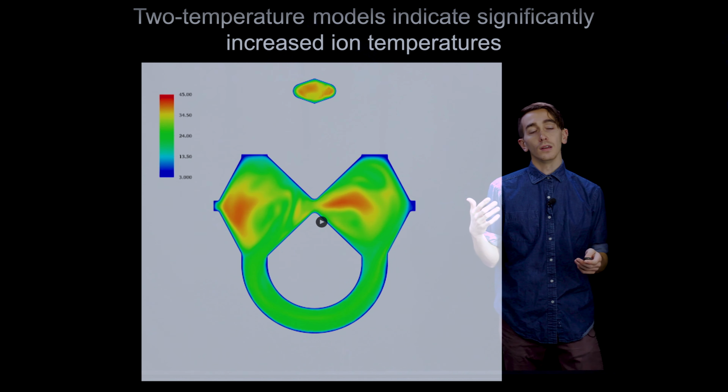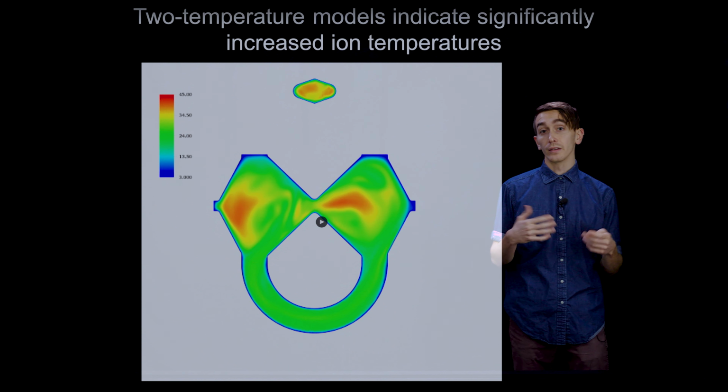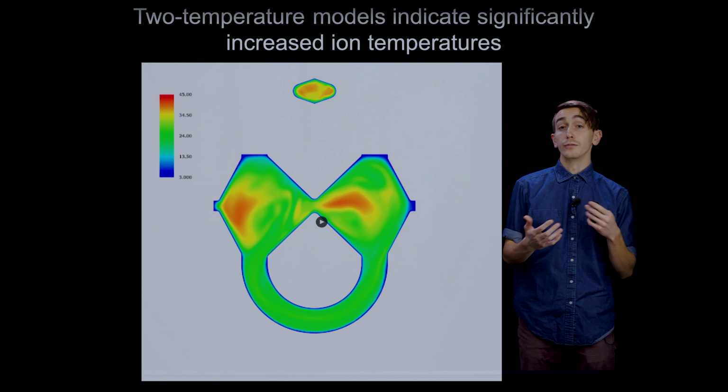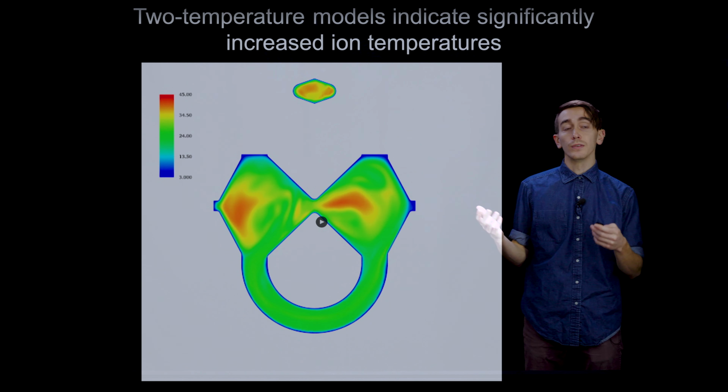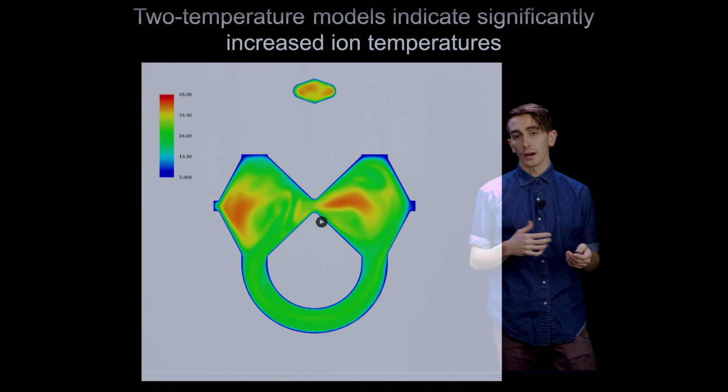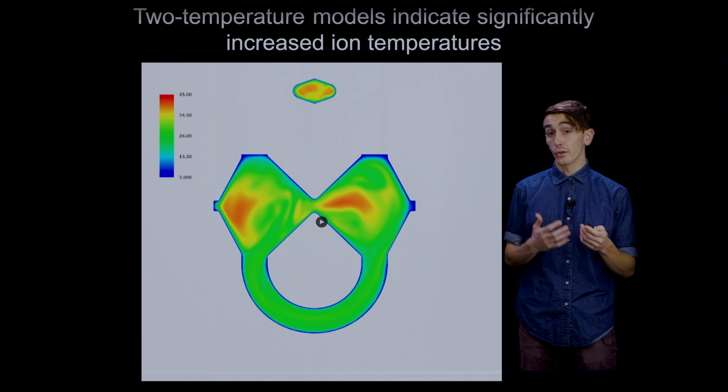Importantly, the single temperature model only sees ion temperatures of something like 15 to 20 eV, and we see ion temperatures up to 50 eV, and in fact volume averaged ion temperatures of something like 20 to 30 eV.